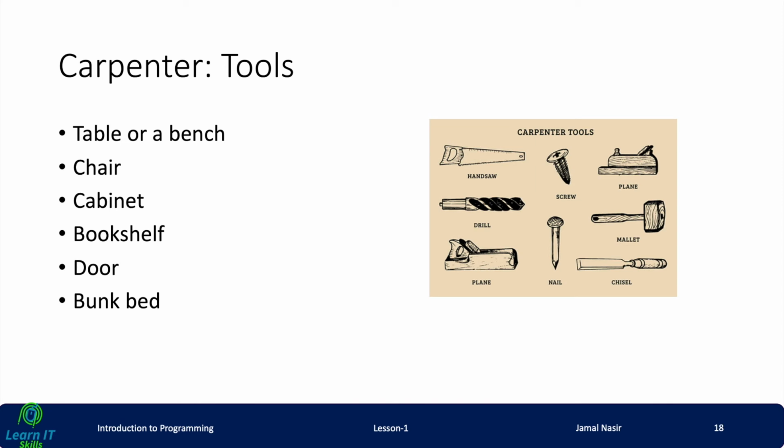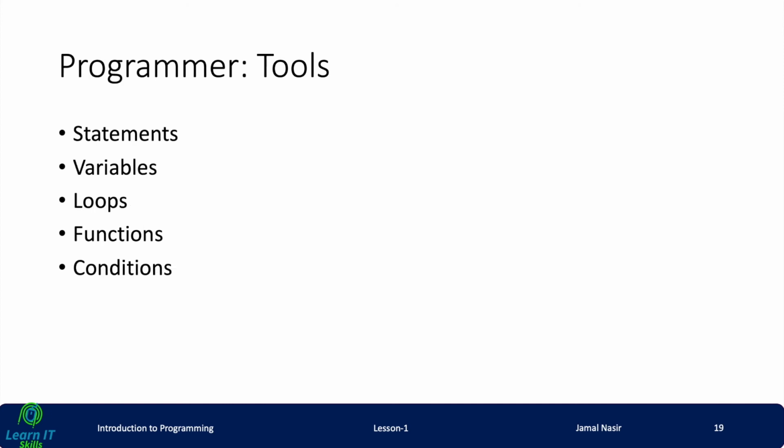It is not a problem whether the furniture is a chair or a door, or what the shape of the door would be, big or small. These details are not important for a carpenter if he has the skills of using these tools, right? So similarly for programmers, we have tools.